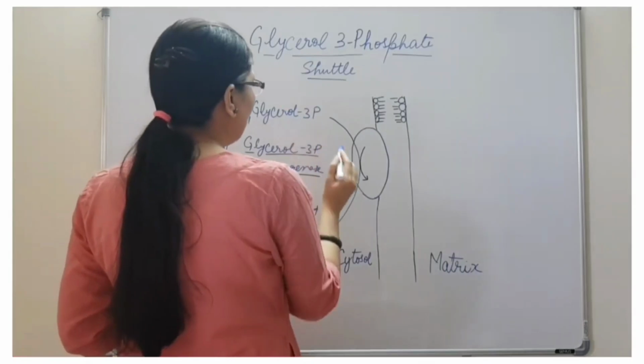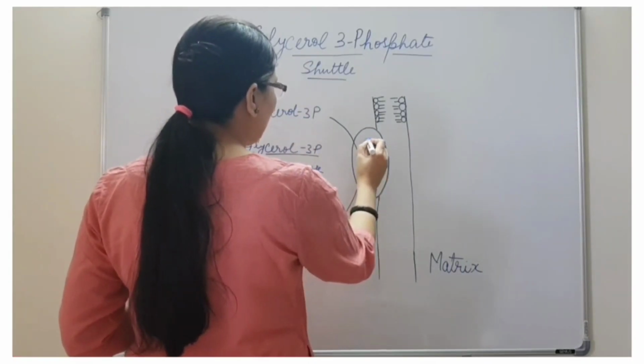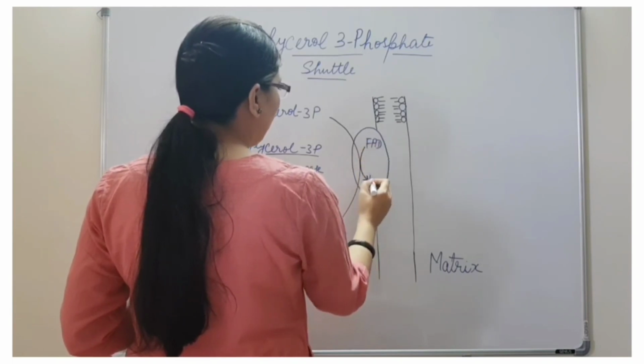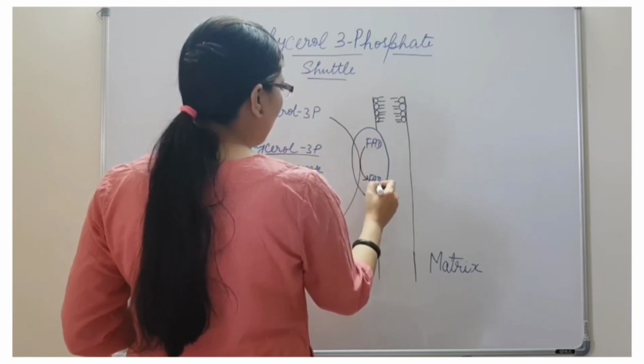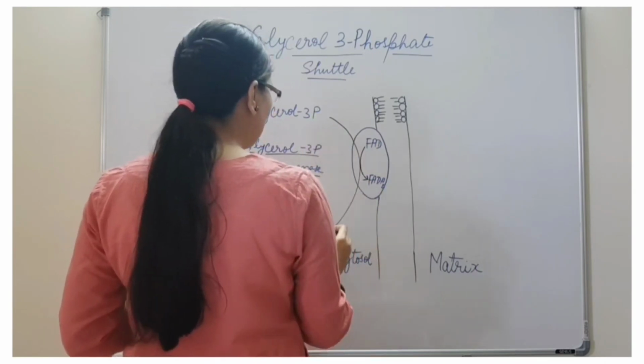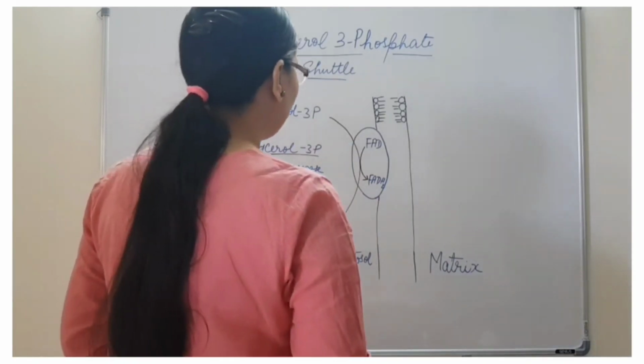Now glycerol 3-phosphate transfers its reducing equivalent to FAD. FAD is reduced to FADH2 and glycerol 3-phosphate is reoxidized to dihydroxyacetone phosphate.